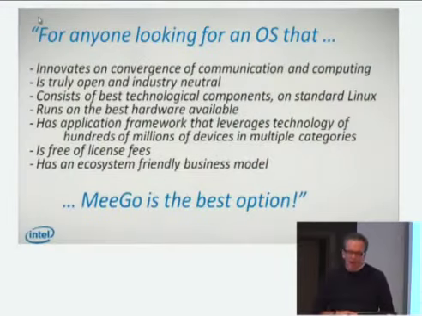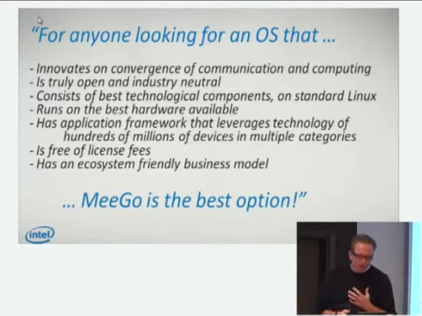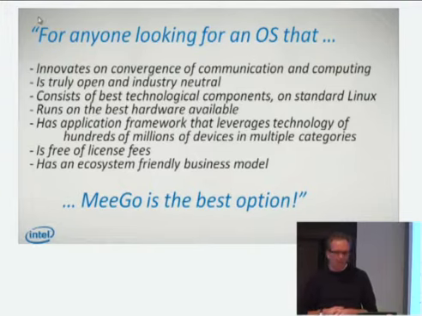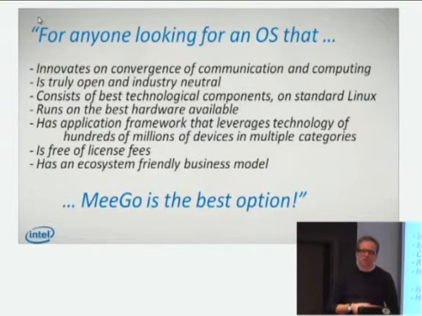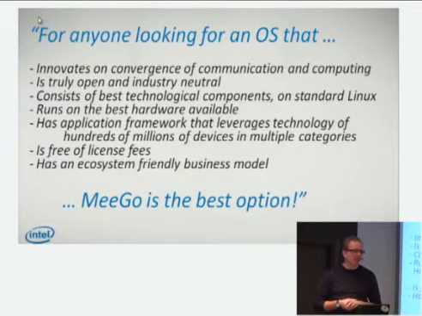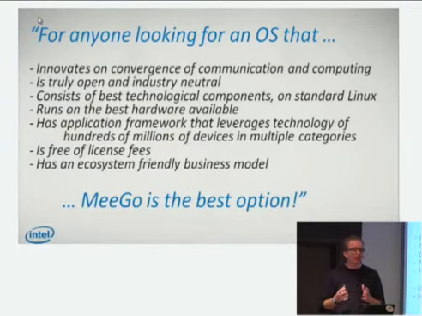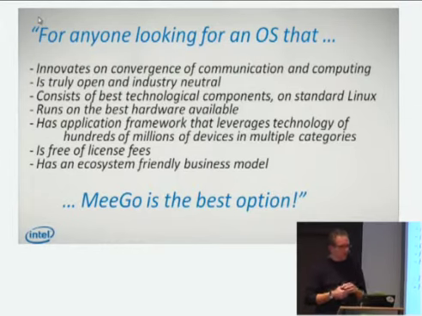It brings in the community, it gets people involved, gives people the ability to contribute. And for us, it was very important to create an environment that has a very strong application framework that allows ISVs to create applications and services for these devices in a very consistent and easy manner.